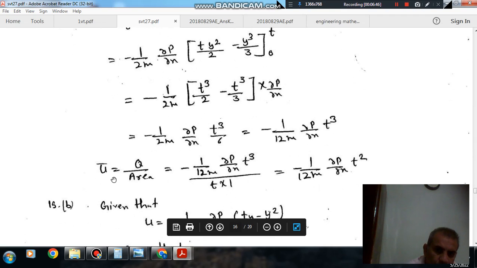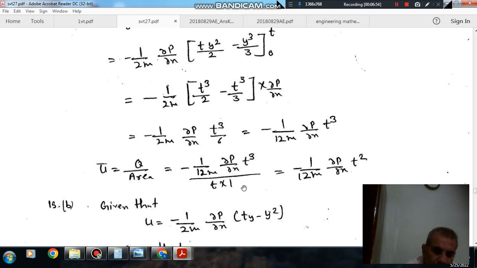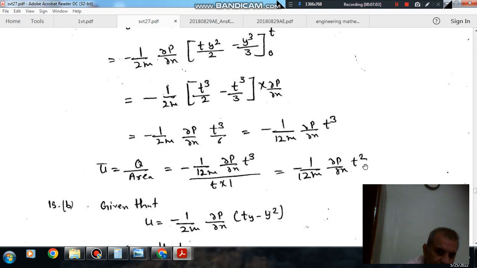Now this discharge is -1/(12μ) ∂p/∂x t³, and the area is t × 1. So the average velocity is -1/(12μ) ∂p/∂x t².